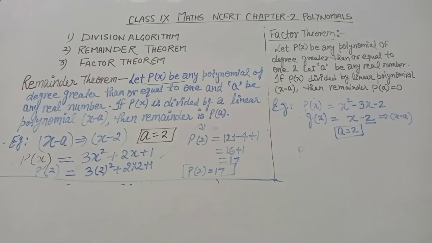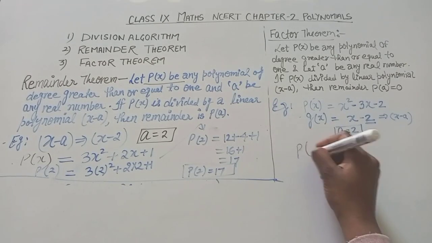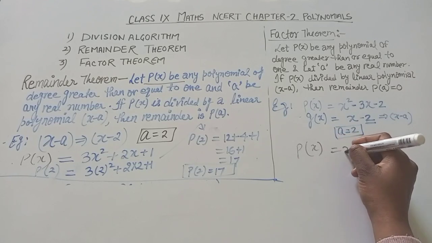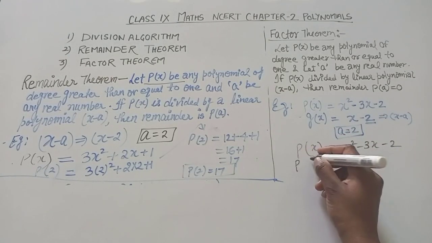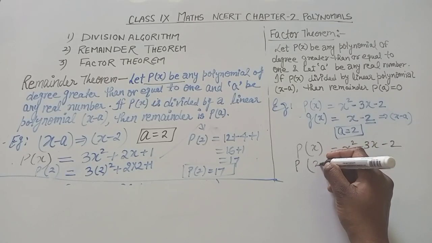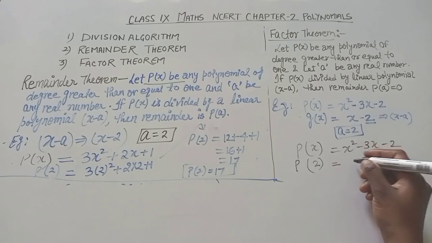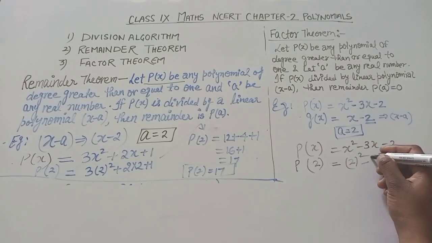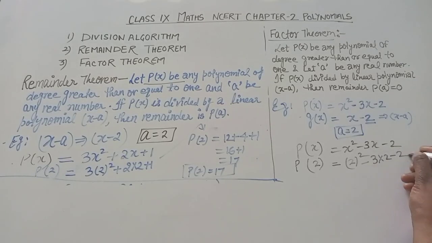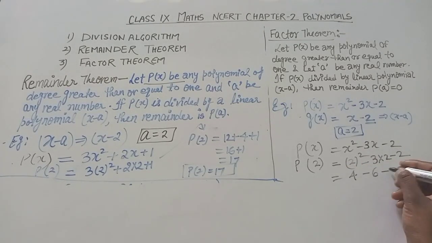Put the value in the given polynomial. p(2) is equal to 2 square minus 3 into 2 minus 2, so 4 minus 6 minus 2.